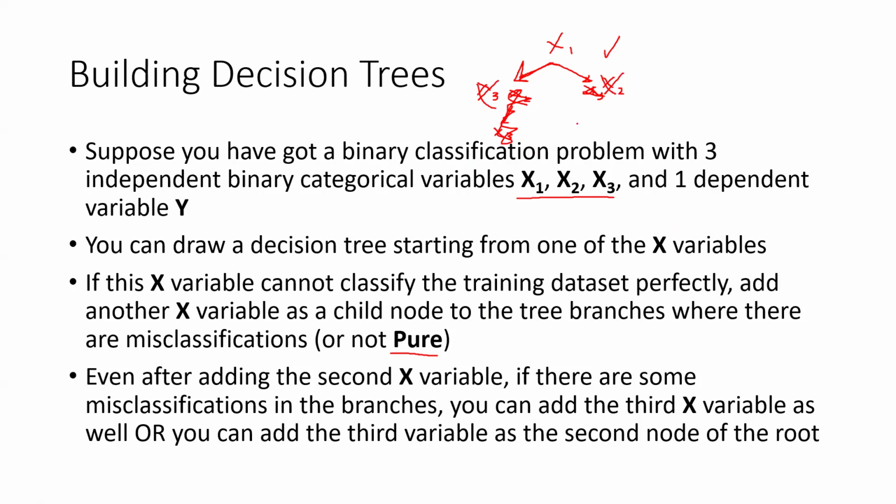Even after you add some variables, you would want to add another variable only when there are impurities in those particular nodes as well. Otherwise, you don't have to add new nodes. So that is the basis of decision tree creation.